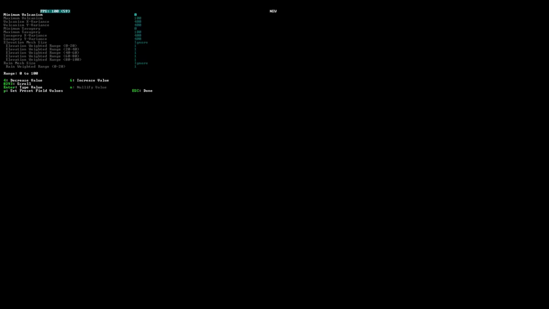Next, we have volcanism, which is how many volcanoes can you have? Minimum being 0, maximum being 100. Like I said before, you can change this. You could have 80 volcanoes set at any given time. You could have 100 volcanoes. And volcano variance is the patchwork.